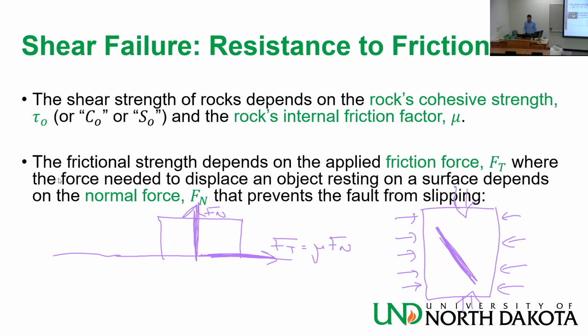So I have now my force. This is my sigma NN I mentioned earlier. It's basically the same as this. And now these two stresses combined give me this tau.